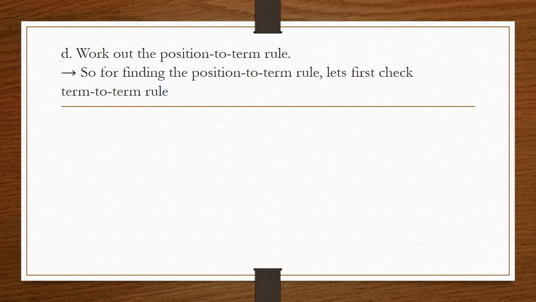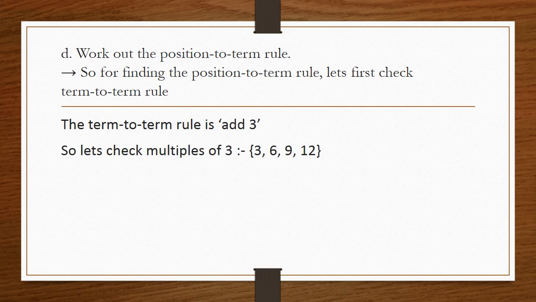Now the next question is work out the position to term rule. So now we have to find the position to term rule, using the nth term, right? For finding the position to term rule, we will first see what the term to term rule is. We know that the term to term rule is add 3, right?